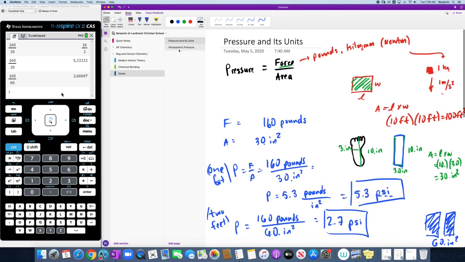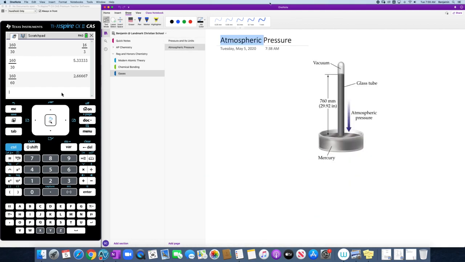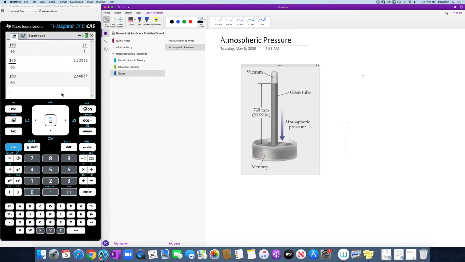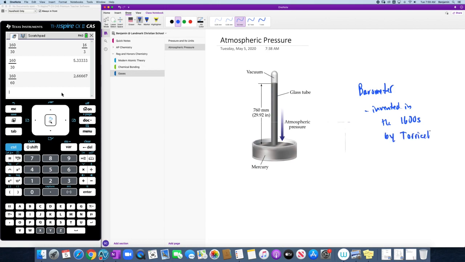Now let's talk about something called atmospheric pressure. There's an interesting device called a barometer, and the barometer was invented in the 1600s by a guy named Torricelli.